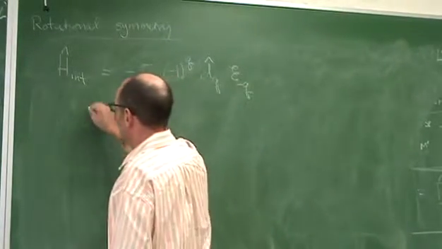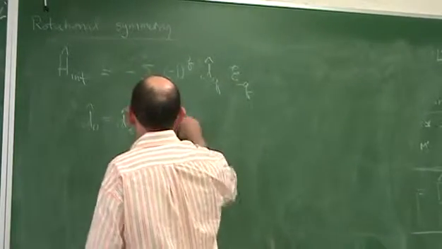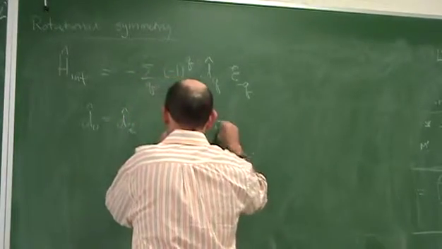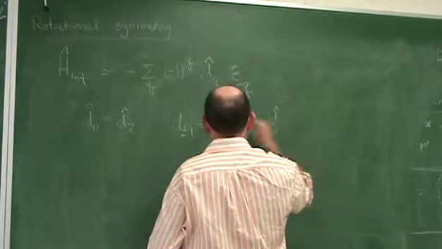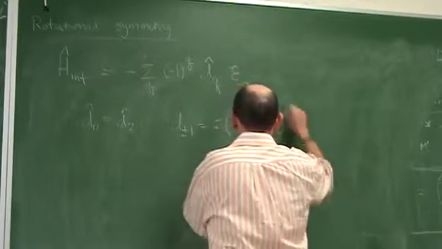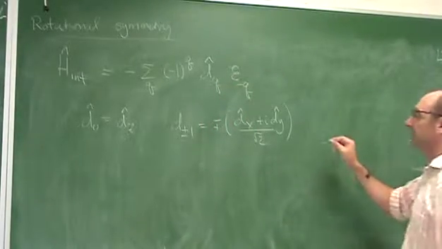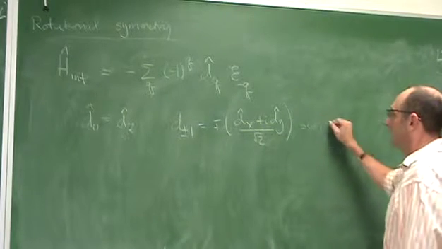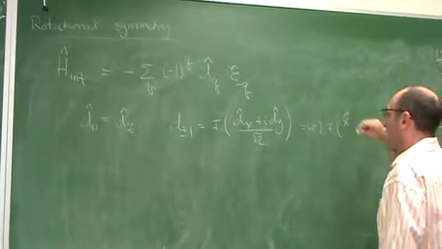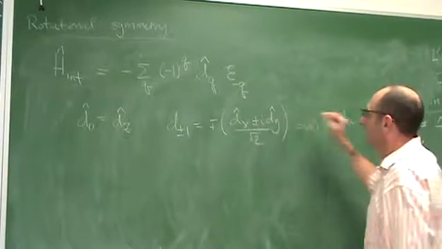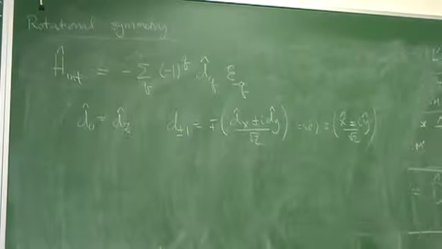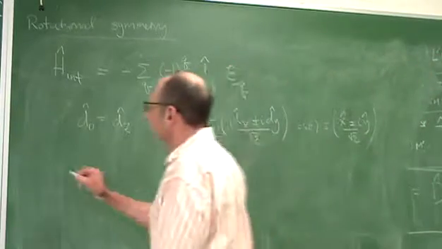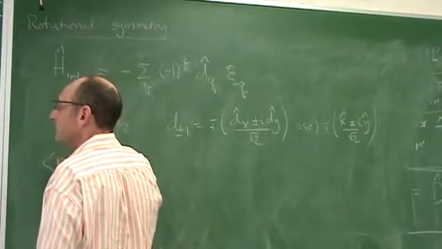Just to remind you, d0 is the z component. d plus or minus 1 is minus or plus dx plus or minus i dy over root 2, right? Which is minus the charge of the electron times the relative x component of the electron, that's what those things are. Now, let's consider this matrix element again.